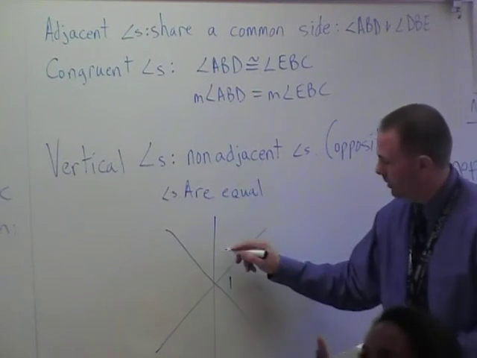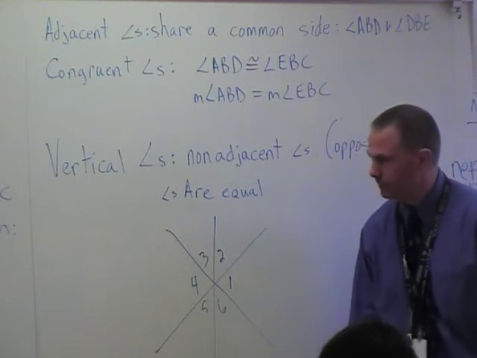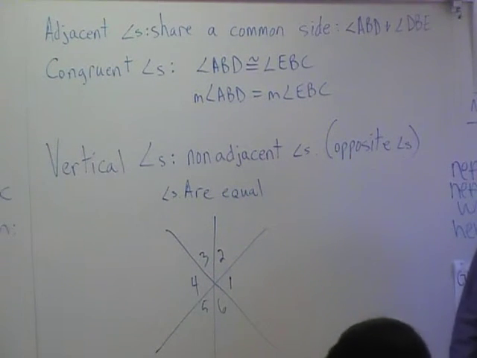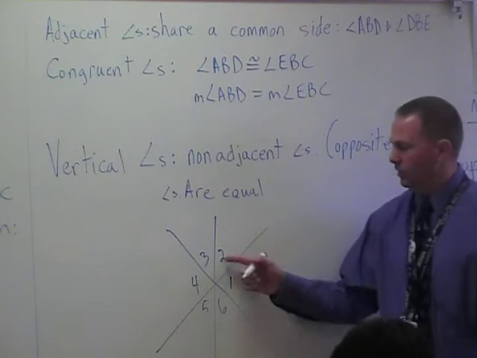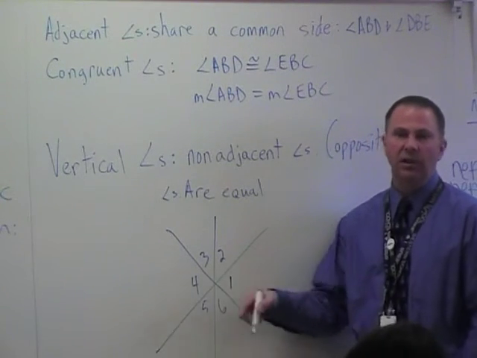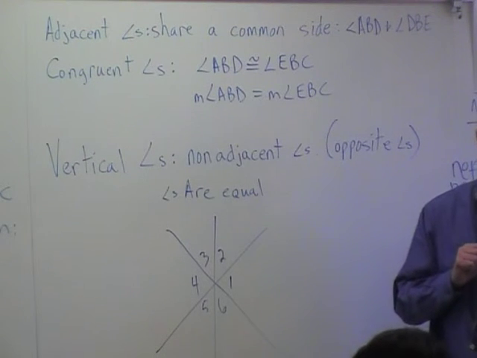And then go counterclockwise: 2, 3, 4, 5, and 6. Now, each of these angles, we don't need 3 letters because each angle is labeled. So I can say angle 1, and you'll know which angle I'm talking about.